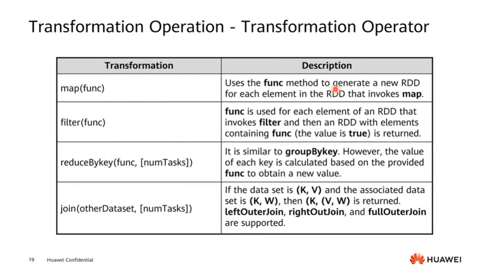Transformations are invoked to generate a new RDD from one or more existing RDDs. So the transformation operators are lazy in nature. They will be executed only when some action is performed. The typical transformation operators are map, flatMap, filter, and reduceByKey.